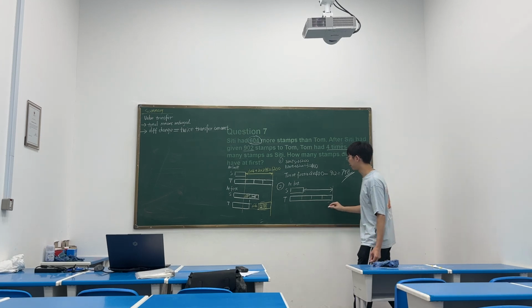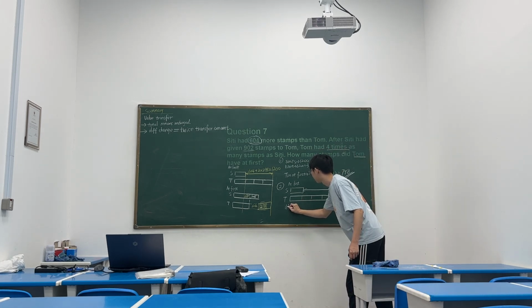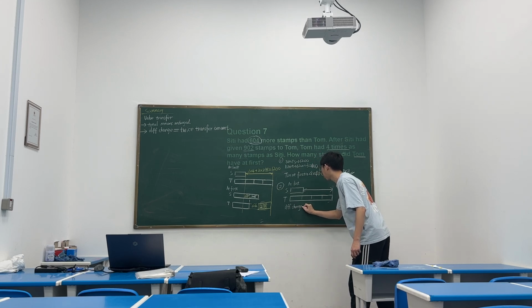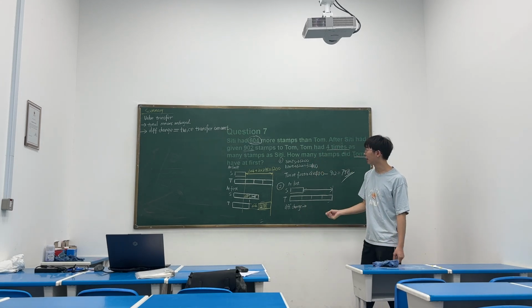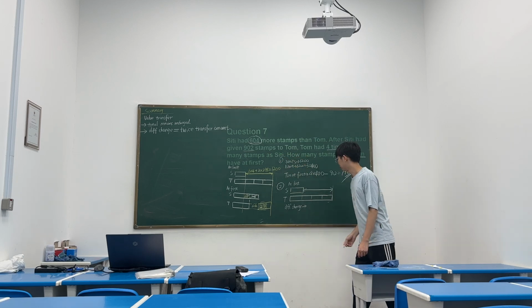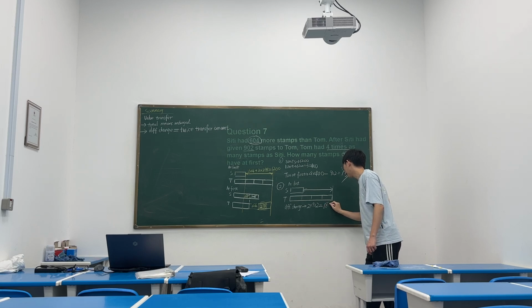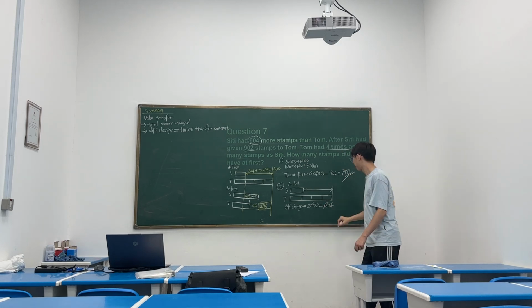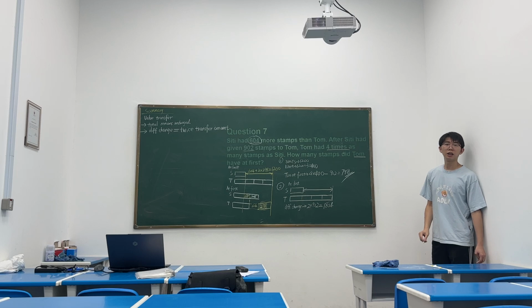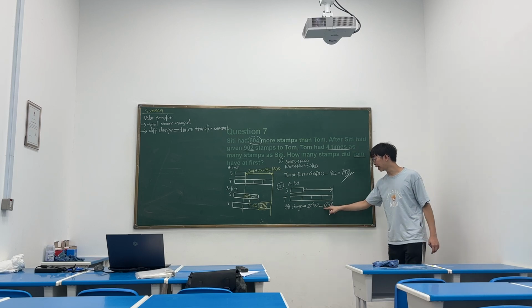A change in difference is twice the transfer value. That is 902. So 2 times 902 equals 1,804. So the change in difference is 1,804.